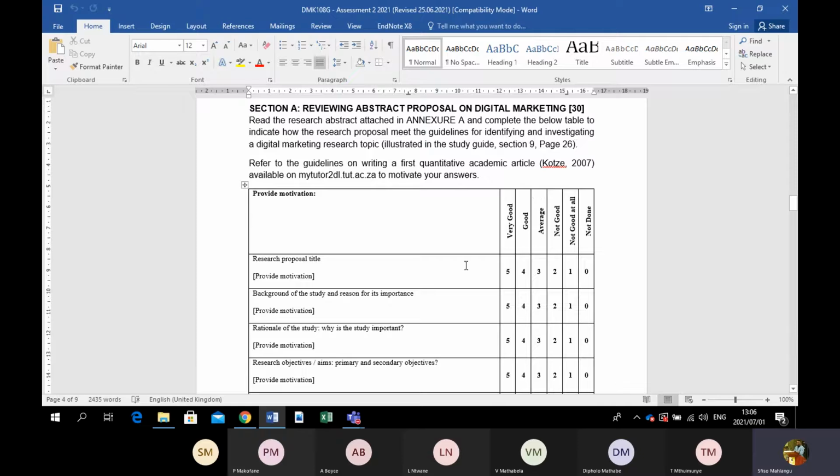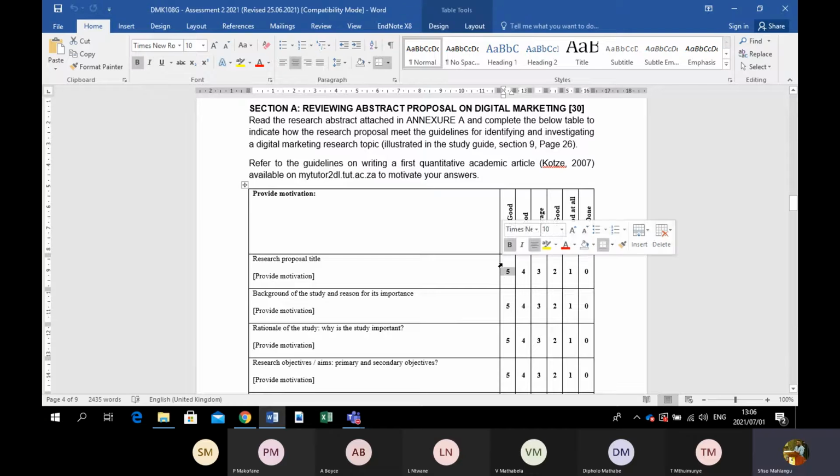So you will have to actually look at the proposed title and indicate on a scale, you're gonna rate it here. So you must show your ratings as well. So using a Word document, you can easily rate it, for example, by highlighting or by bolding.